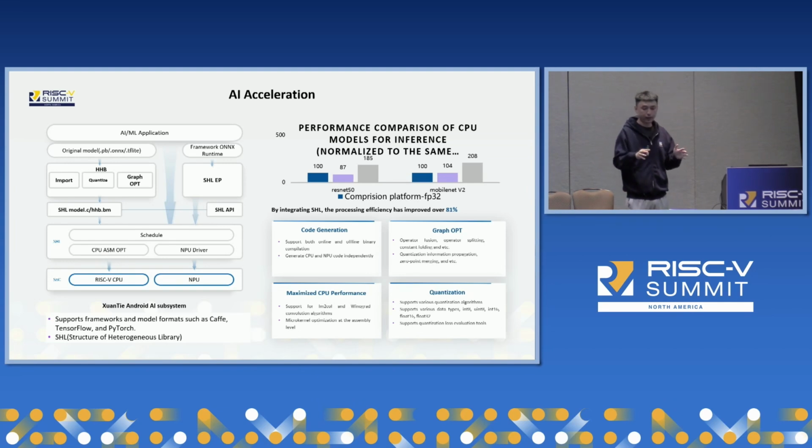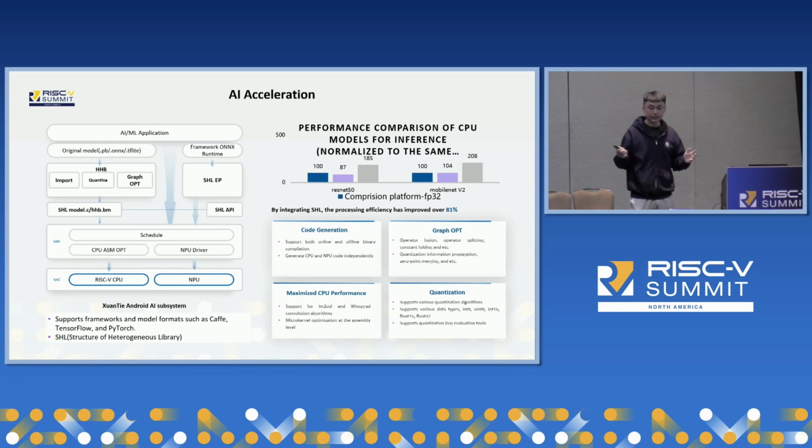The HHB could directly take the model format and then map it to the CPU and NPU. And the SHL is low level, and it's connected to the ONNX runtime to help the ONNX runtime run. And we can also provide some SHL API for coding very specific usages.